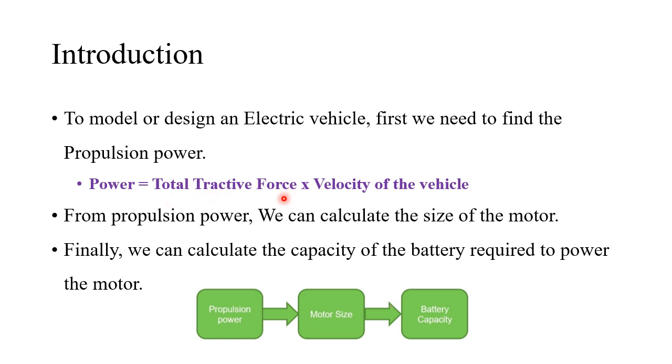Once we calculate the propulsion power, we can easily calculate the size of the motor, and once we calculate the size of the motor, we can easily calculate the capacity of the battery required to power the motor. So these are the simple steps in modeling or design of electric vehicle.